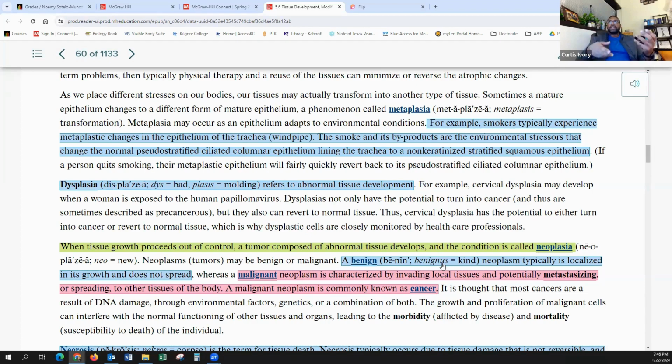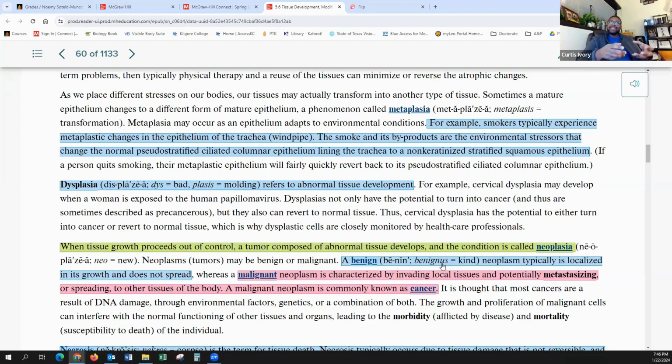But what's the difference? Why is one bad, why is the other not? So if it's benign, that means that tumor has stayed in the same spot and it hasn't moved, which is good because then we can go in there and take it out and get all of it.